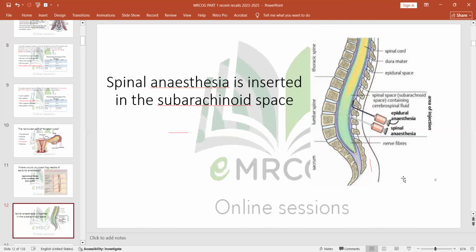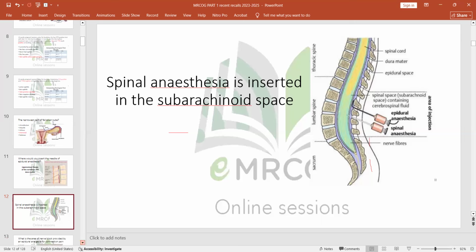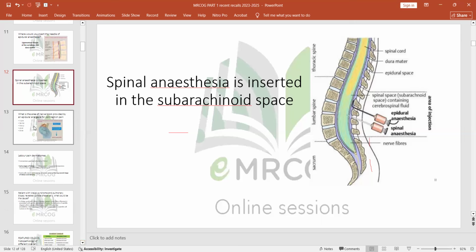This is where I am now. This is the spinal space or subarachnoid space, which is totally different from the epidural anesthesia. If you have any problem, stop me.